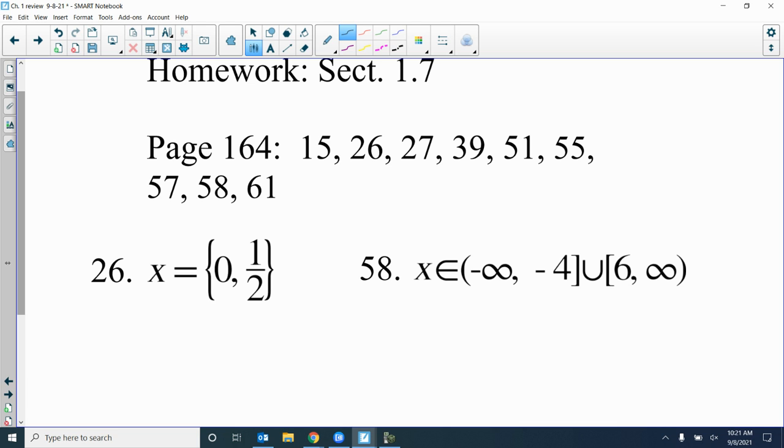For that one, you got to make sure all those absolute value inequalities get written in interval notation for your final answer for tomorrow.